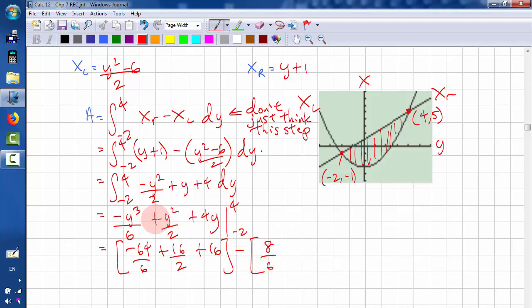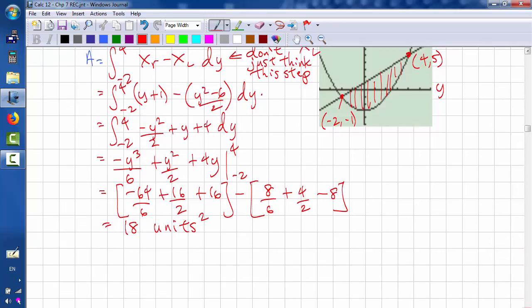Negative, and this is squared, so it's positive. So that's plus 4 over 2. And finally negative, and that's minus 8. And we plug that into our calculator, and we get 18, and our units squared. Since the units aren't specified, we'll just say units.